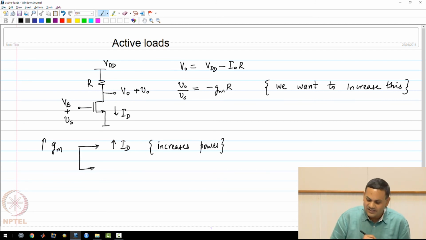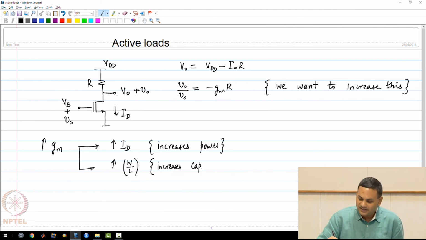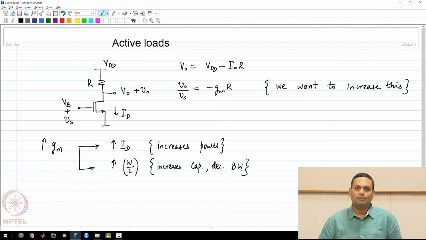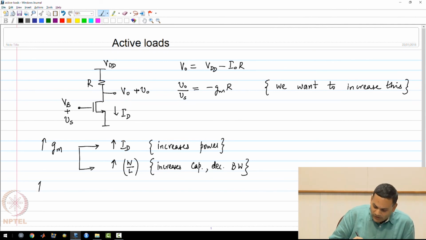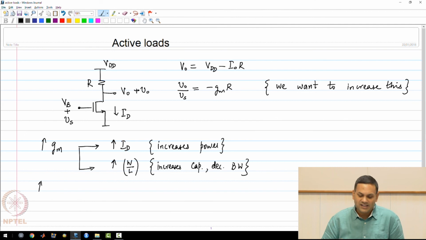The other way I can increase gm is to increase the width over length ratio, and this will increase capacitance, and of course more importantly decreases the bandwidth, which is also a problem. I want to keep the bandwidth constant. And the other way to increase the magnitude of vo by vs is to increase the value of resistance.